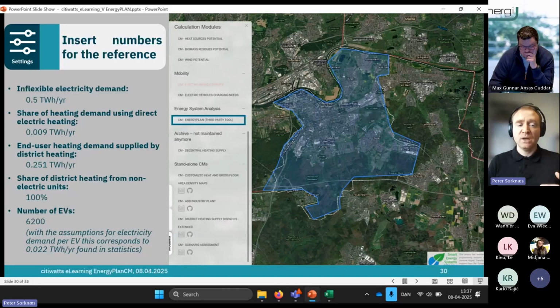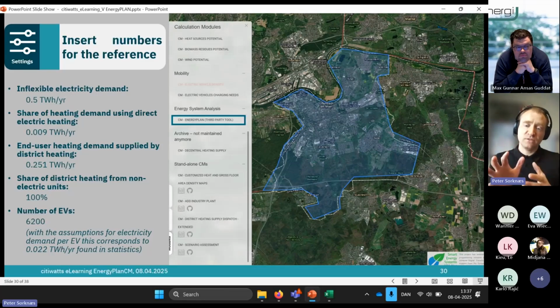Then I have added a share of heating demand used by direct electric heating. You can see that's a smaller amount in this case, but it's there, and it's important to include it also. This one can be moved around depending on the system you have set up.